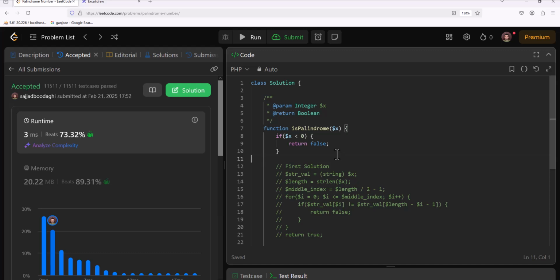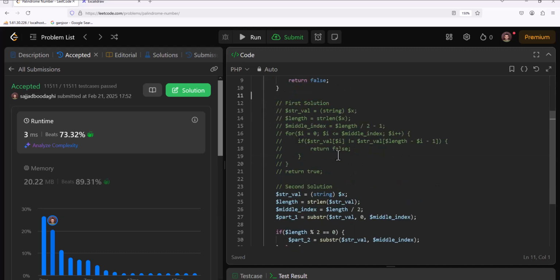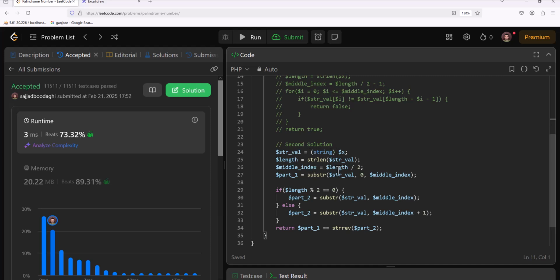I think we can solve this question much simpler and without doing any of these.